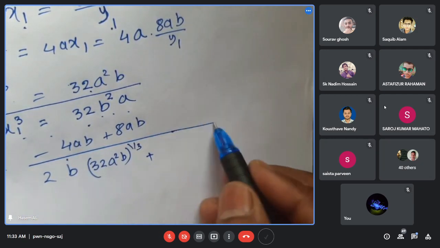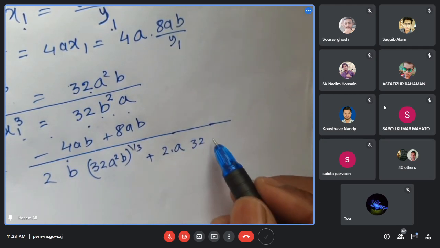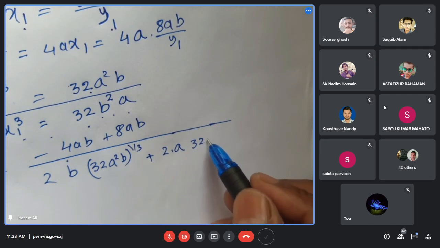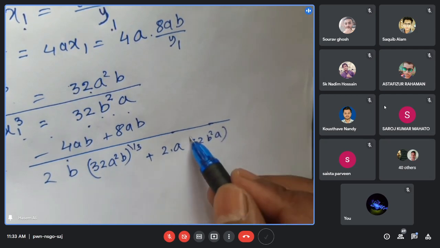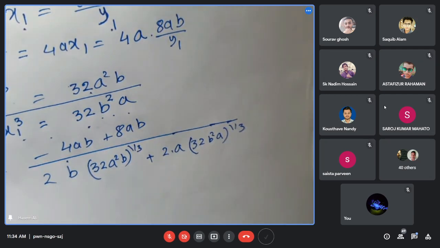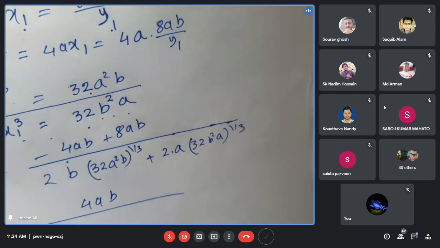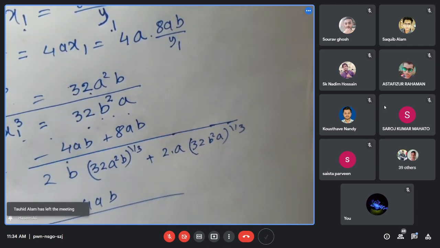Plus 2a into 32 b square a whole to the power 1 by 3. So it is 4ab divided by 2b into 32 a square b whole to the power 2 by 3.